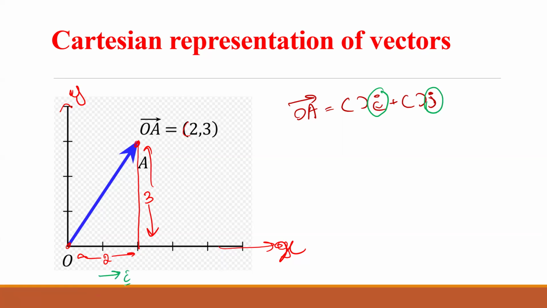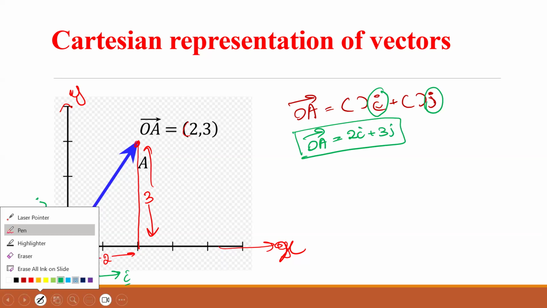Unit vector means it has a specified direction along the x, but the magnitude is 1 unit. And along the y direction, we have the unit vector j, which has a magnitude of 1, and the direction is along the y. So in this one, we can write this OA vector as 2 times i plus 3 times j. So this form we call the Cartesian form.